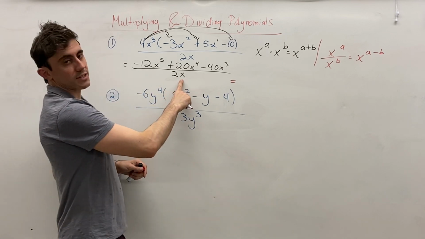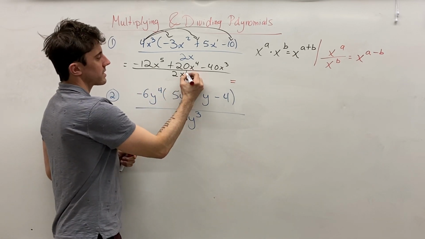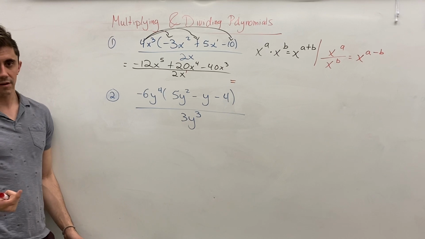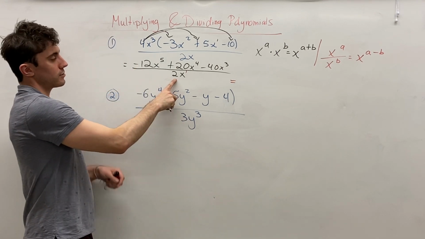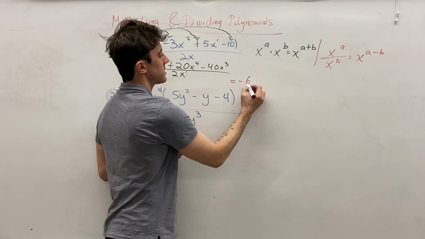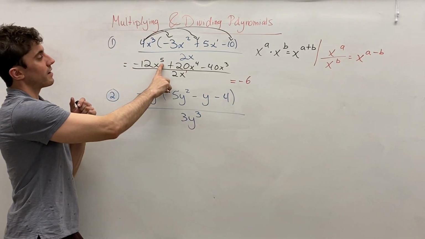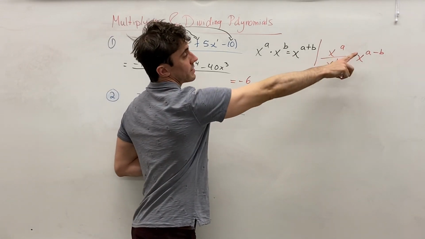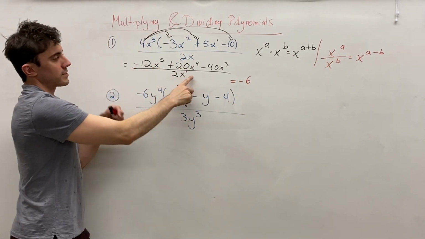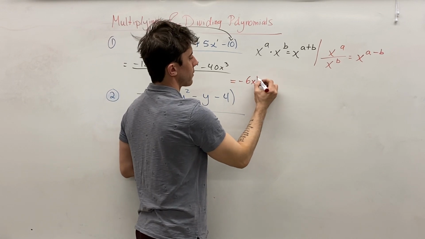And so again, the 2x on the bottom, I'll remind you, acts as the 2x to the power of 1, okay? And so applying this rule, negative 12 divided by 2 is negative 6. And then x to the 5 divided by x to the 1, we subtract the exponents. And so 5 minus 1 gives us an x to the power of 4.